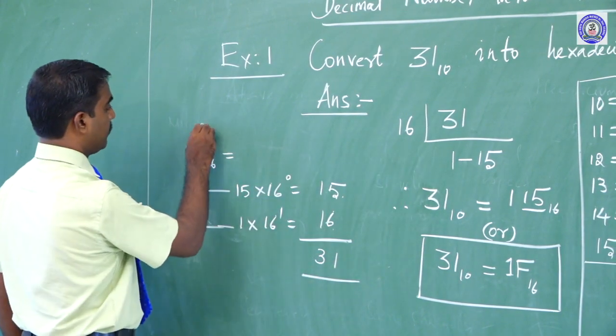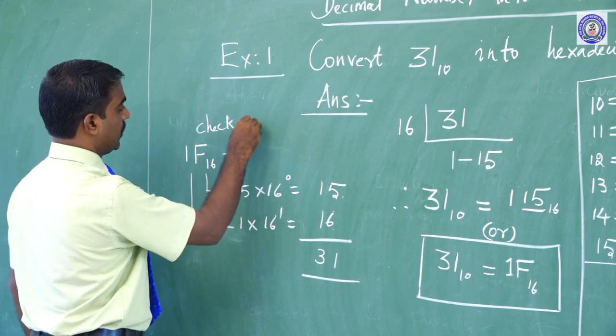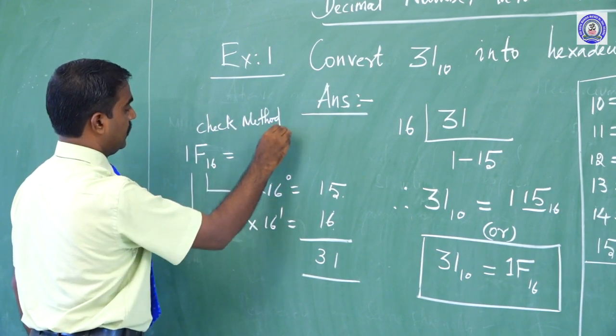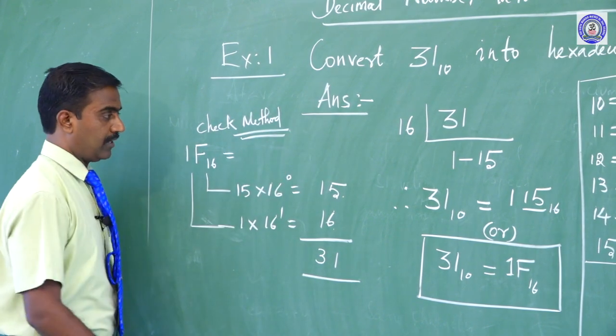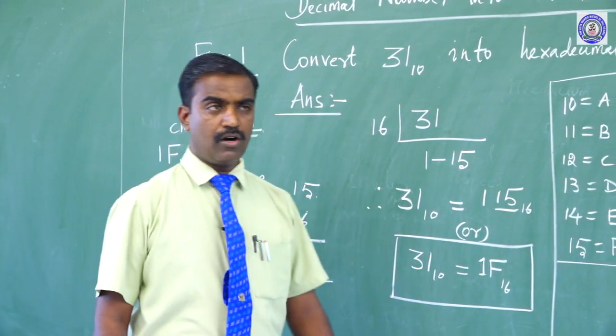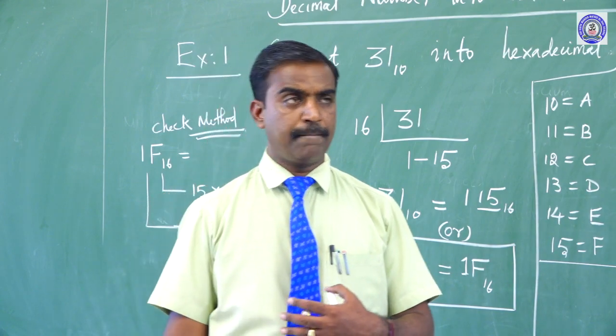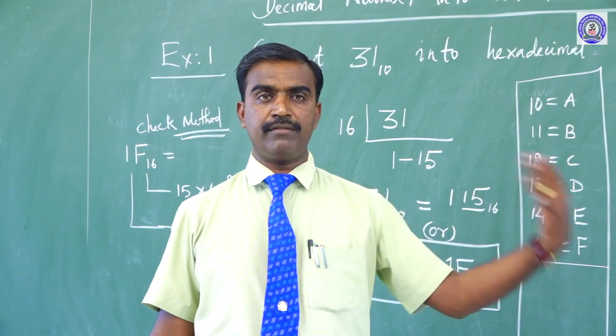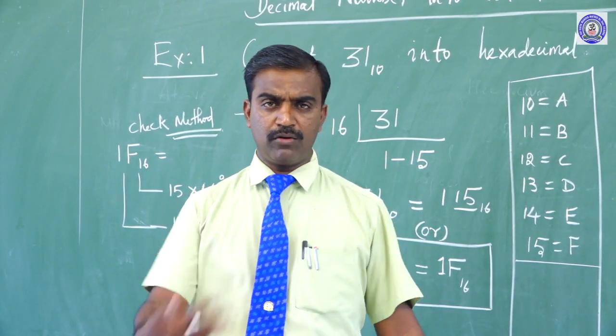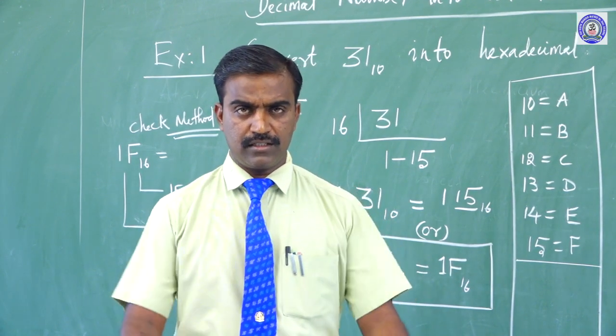This is which method? This is also a check method of this process. Next method, how sir? Given a number is binary, how can we convert binary into octal? That we will see next now.